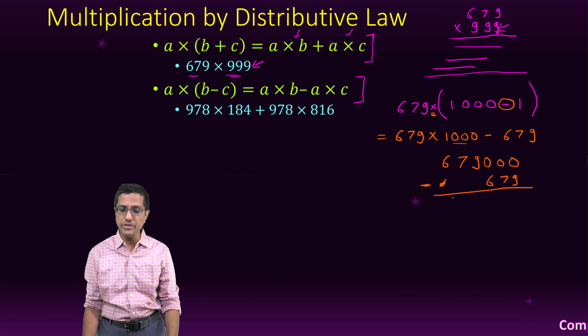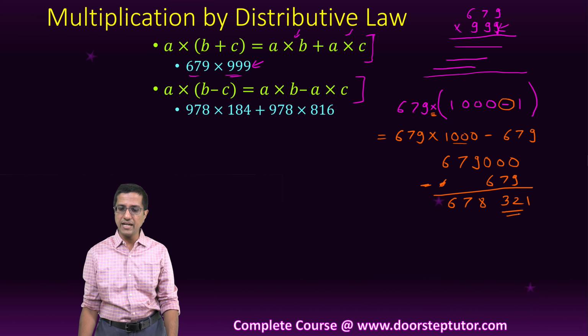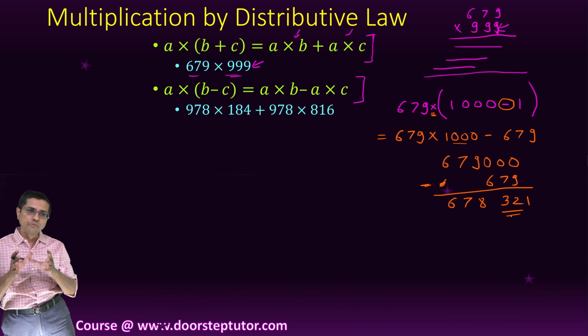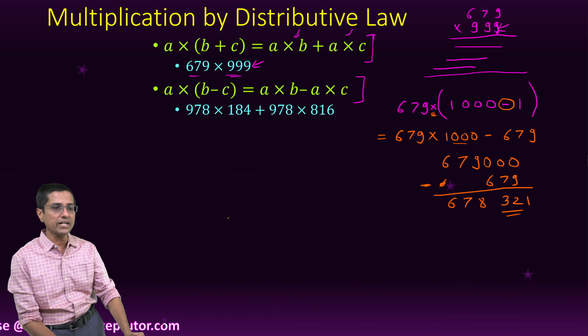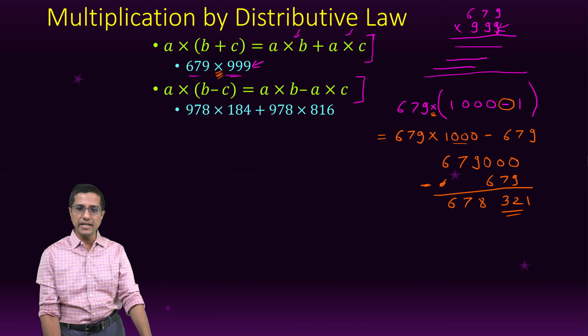If you compute this subtraction, the answer is 678321. That is the key idea of the distributive law. We have just converted this multiplication into 2 simpler multiplications.